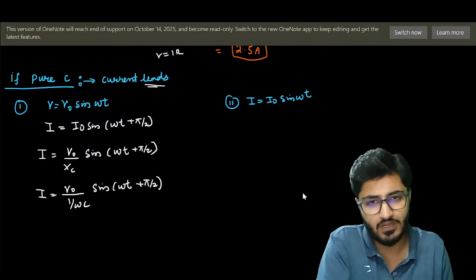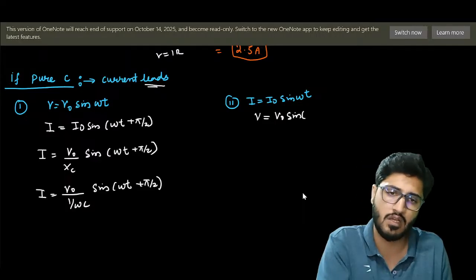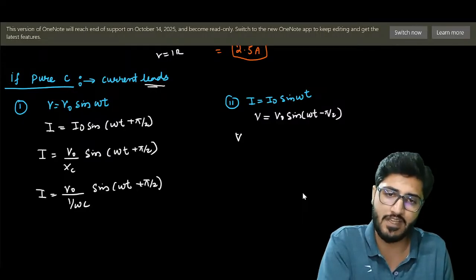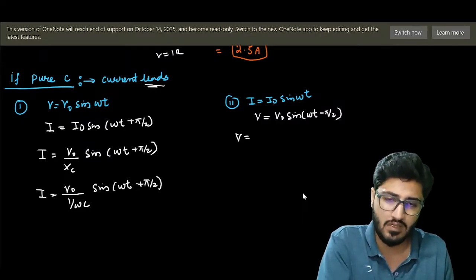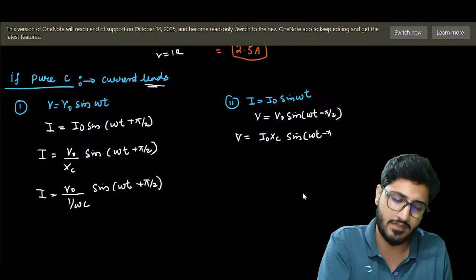Now here, what is V? V will be V naught sine omega t minus pi by 2. Or I can write V equals V naught, where V naught is I naught XC, sine omega t minus pi by 2.